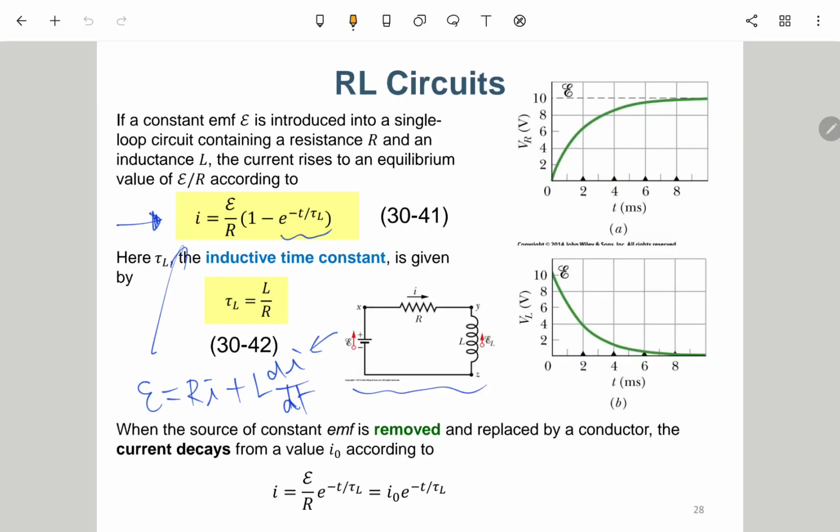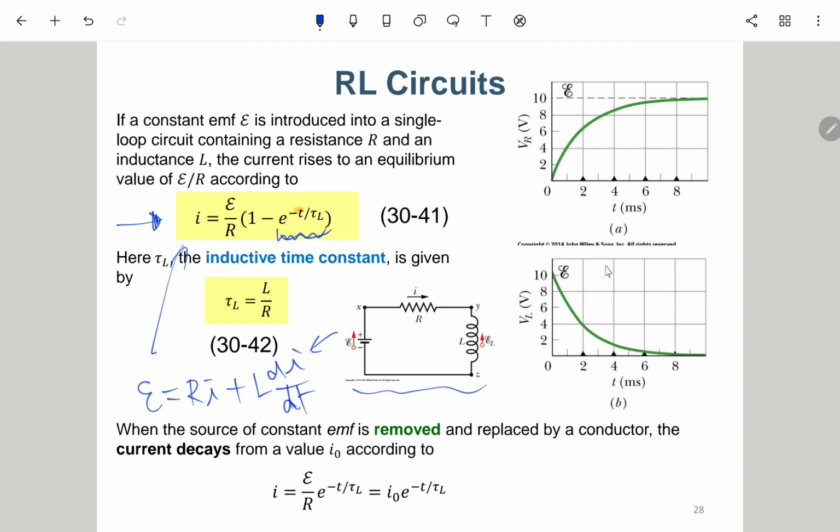When t is very large, this term will turn to 0, because this is like a negative infinity over a constant. Exponential to negative infinity will be 0. So when t is very large, this term will be 0, which means this I will be a constant.